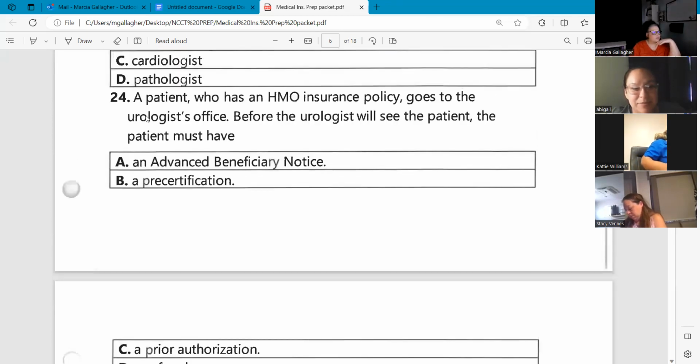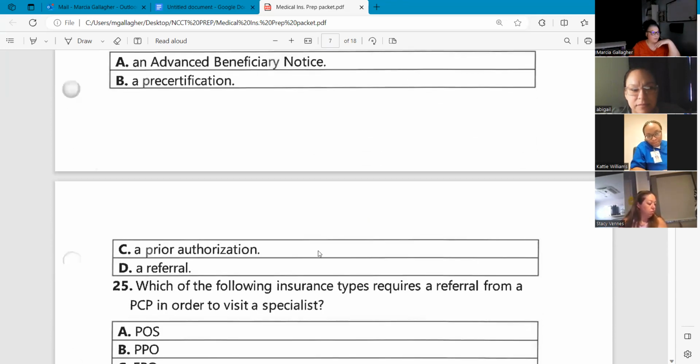Okay, so number 24, a patient who has an HMO insurance policy goes to the urologist's office. Before the urologist will see the patient, they must have an advanced beneficiary notice, a pre-certification, a prior authorization, or a referral.